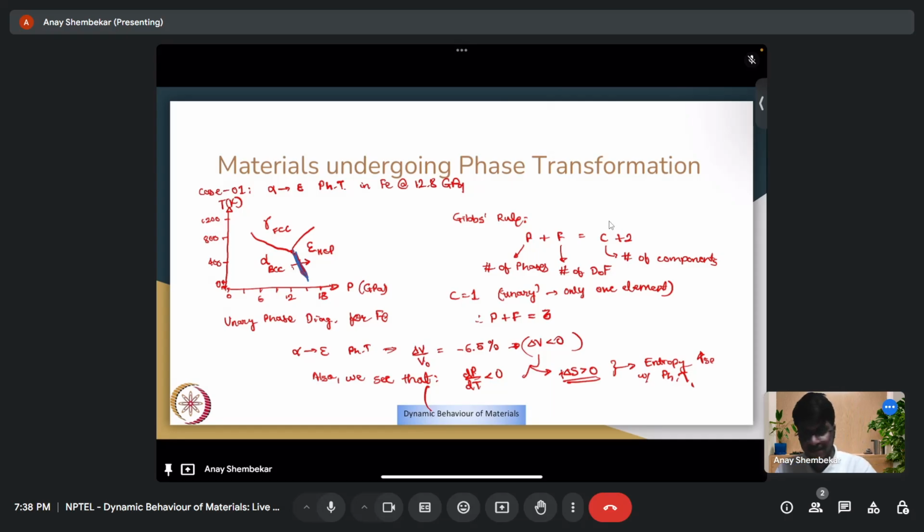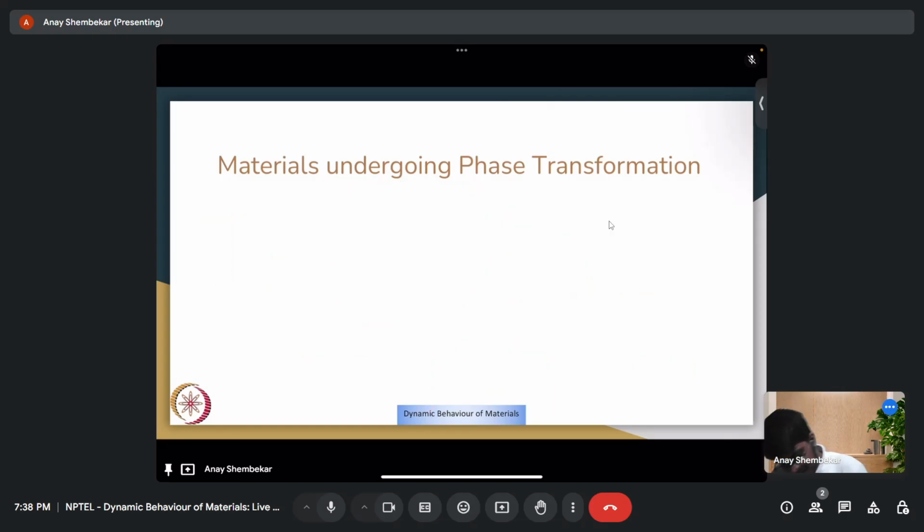So we'll now plot our Rankine-Hugoniot. For this material, what do we see? Pressure versus V by V naught, and it starts off at one.